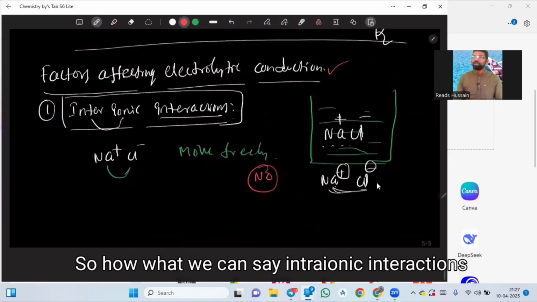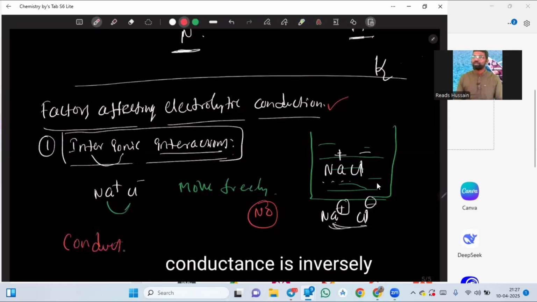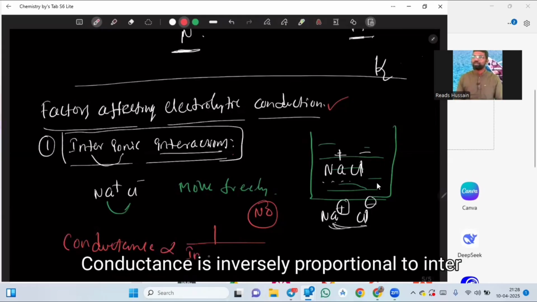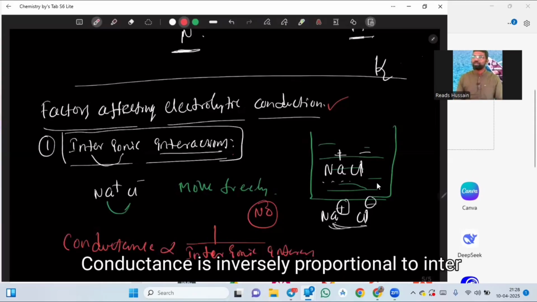So write down: conductance is inversely proportional to inter-ionic interactions.